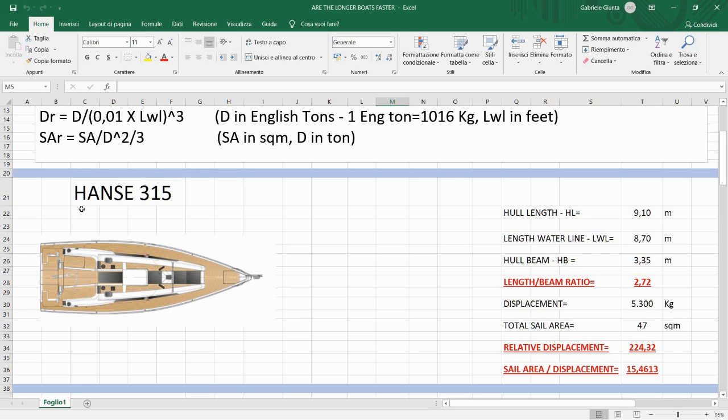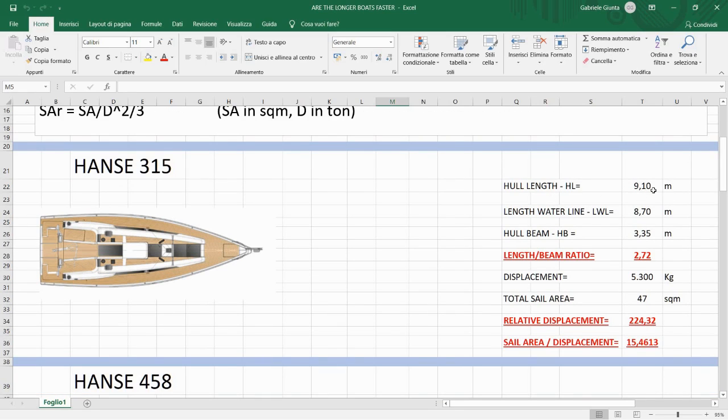Let's consider this boat. Hansa 315 is a sailing boat, of course, and the hull length is 9.1 meters. Length water line is 8.7 meters, hull beam is 3.35 meters. So the first consideration is the length beam ratio, which is 2.72, which is 9.1 divided by 3.35.